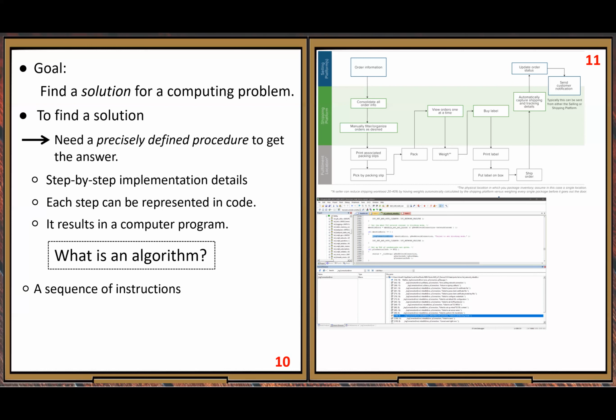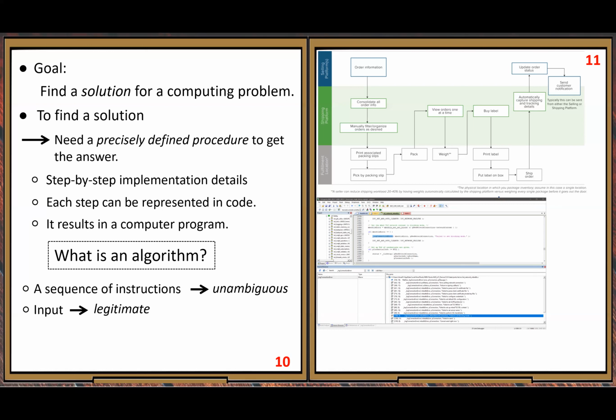Okay, all right. So then we look at a typical program. We need to write a sequence of instructions. They should be unambiguous, very clearly written. Then the input should be legitimate.